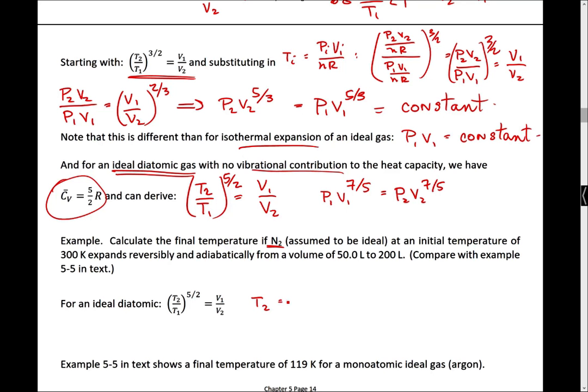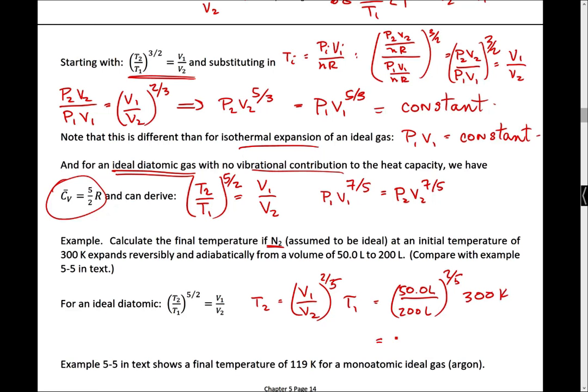And so that means we're going to have to take both sides of the equation to the 2/5. So that's going to be V1 over V2 to the 2/5 times T1, right? We plug in our initial volume, 50 liters, final volume, 200 liters. Liters cancel, raise that to the 2/5, and then multiply that by our initial temperature, which is 300 Kelvin.